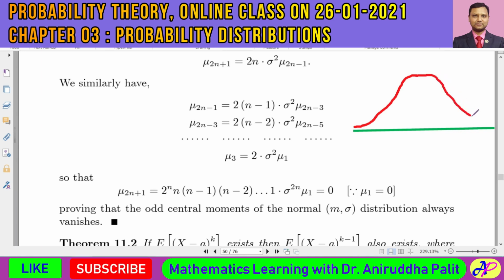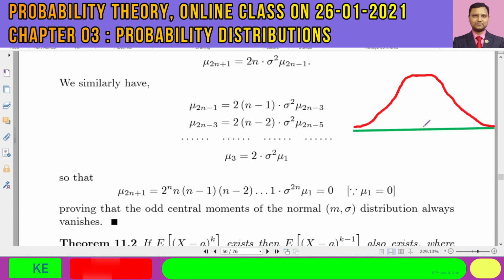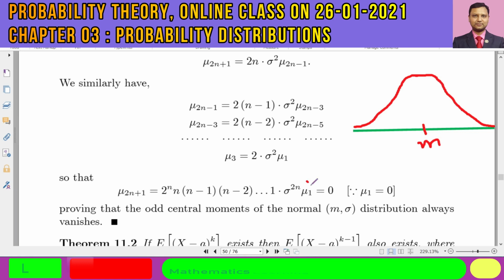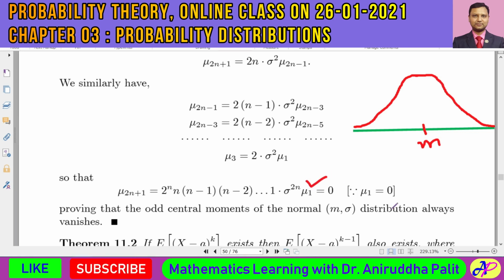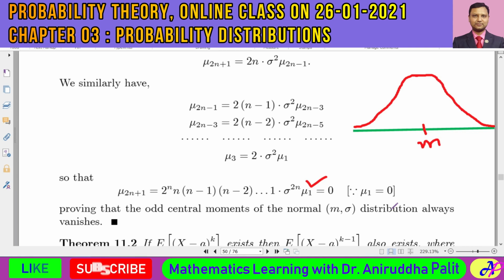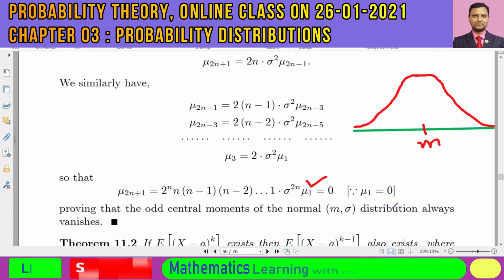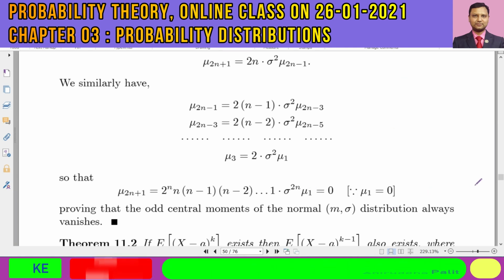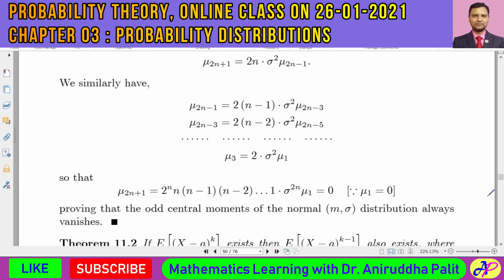The density curve looks like this, symmetric about the mean, about the point m. And due to symmetry, one can prove that in case of any symmetric distribution about the point m, the odd order central moments are all equal to 0. We can prove all these results later on in subsequent lectures.